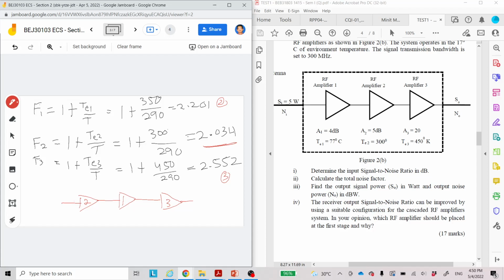So the reason you choose this combination is because you put the least noise factor at the front side. The question doesn't ask you to prove. If the question asks you to prove, then you need to find the new F total.